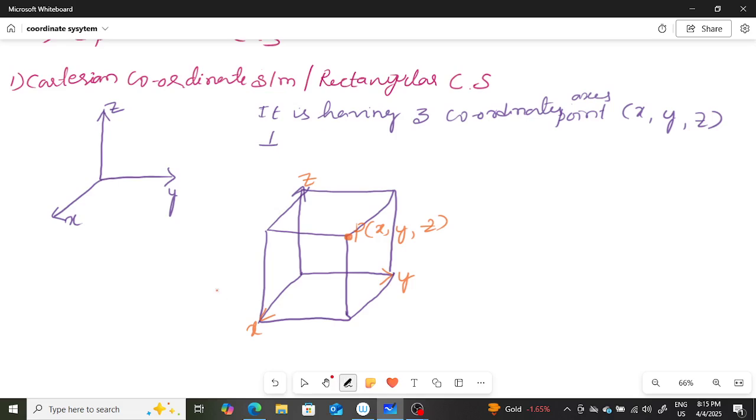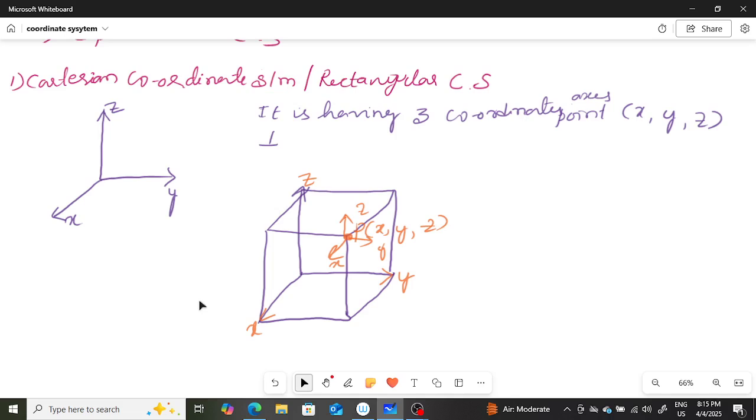So P has an X component, a Y component, and a Z component.